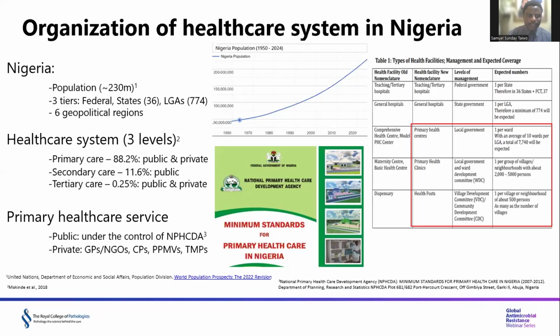Now, the private primary healthcare service is not under the legal framework of the National Primary Healthcare Development Agency. It includes hospitals and clinics that are run by general practitioners and some by non-governmental organizations, and also healthcare service rendered by community pharmacies, patent and proprietary medicine vendors, many of whom are not registered or licensed.